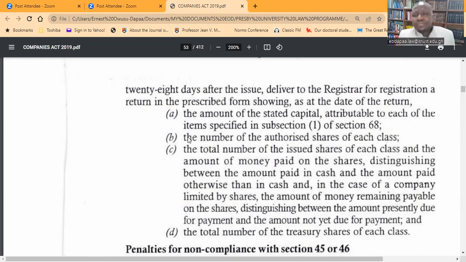Forfeiture, that is to say that shares were issued and maybe the shareholder did not abide by the strict terms of the shares, including payment and all that. And the company exercised its rights under the agreement and forfeited the shares, meaning it took back, canceled, the shares. That will also be part of the treasury shares which we are talking about.